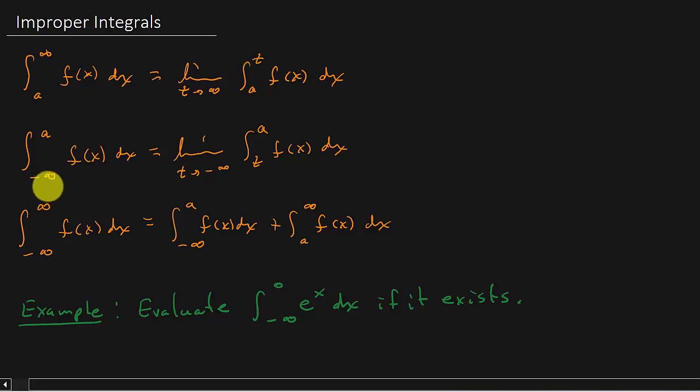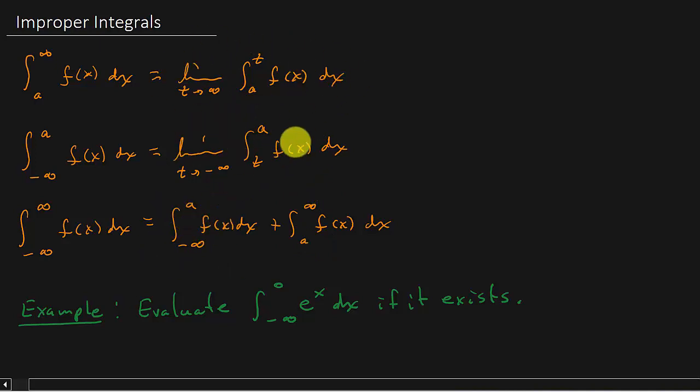And same thing here. If we've got the negative infinity here, we replace that negative infinity with a t, and then we take the limit as t goes to negative infinity. And if you're going from negative infinity to infinity, we can split that up, negative infinity to a plus a to infinity, and work each with one of these up here.